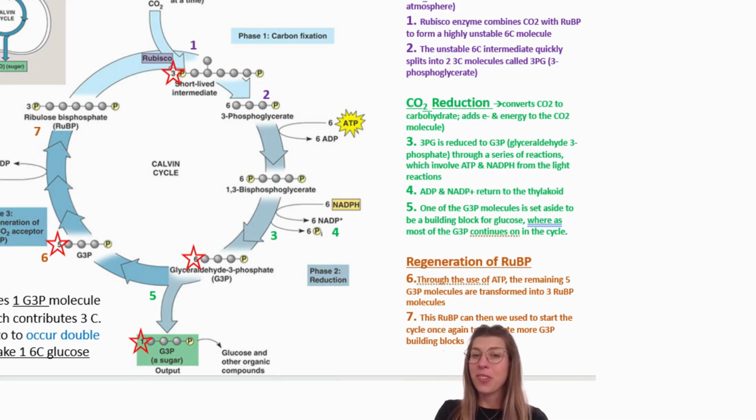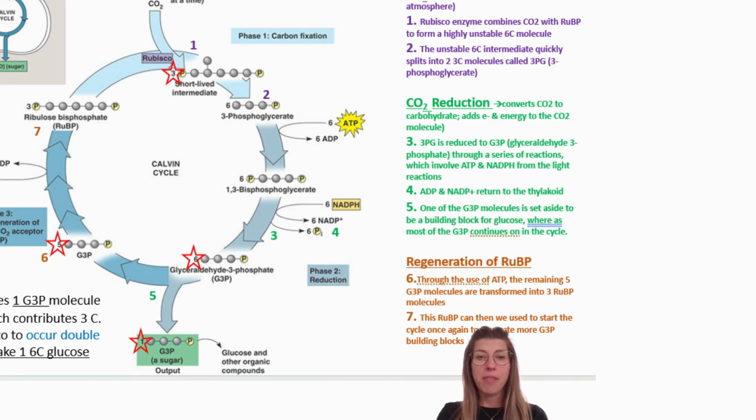Now, to make one G3P molecule that is released, what do we need in terms of energy? This is an endergonic reaction. It needs to take in energy. How much do we need to make one G3P molecule? So if we look through this process, this whole process is showing the creation of one G3P molecule. It's kind of combining the 3 turns into one because it's showing 3 carbon dioxide coming in at once.